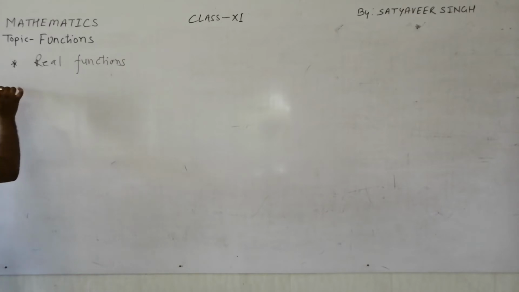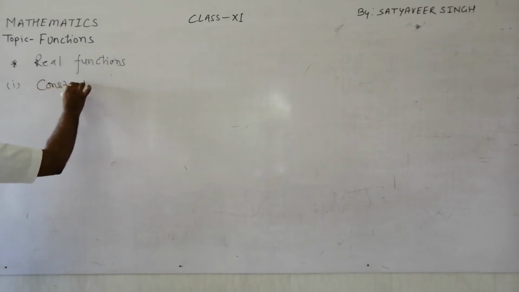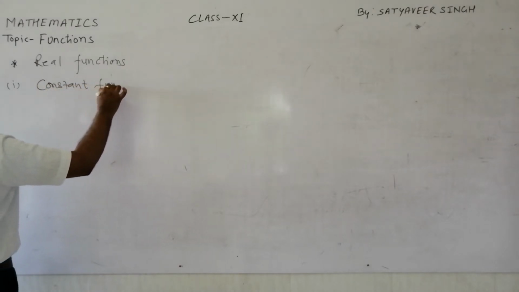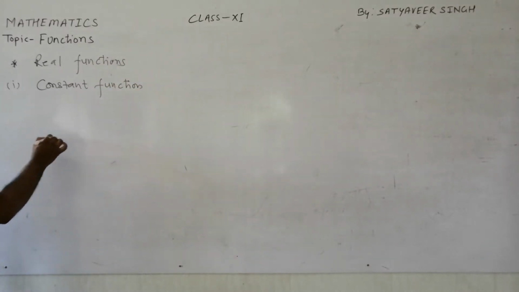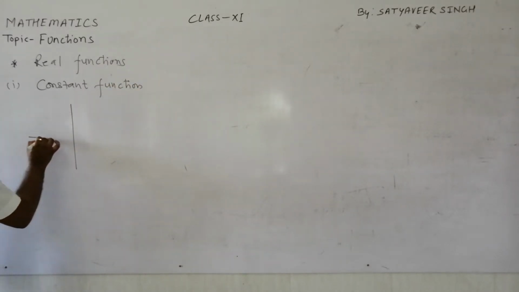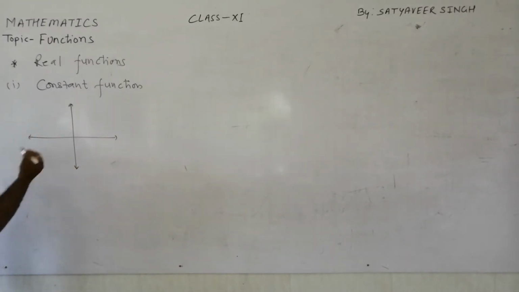In this list, the first function I want to explain is called the constant function. What is the graph of the constant function? The graph can be any, like y is equal to 2, y is equal to 4, y is equal to 5.